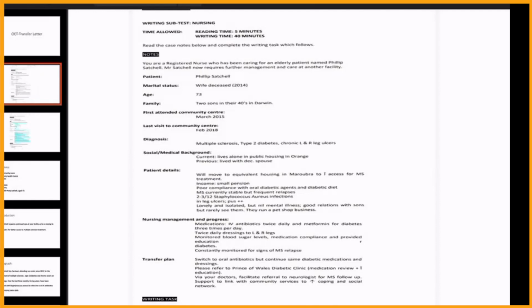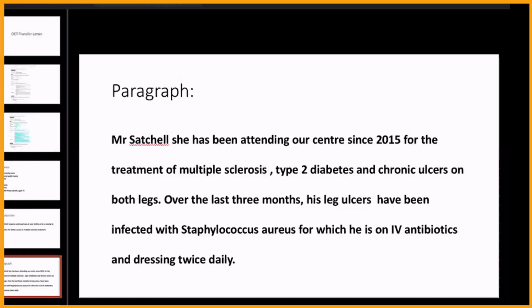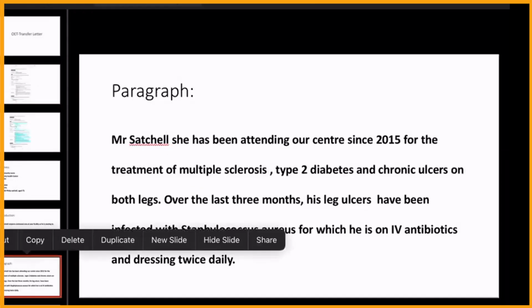Okay. So here in the second paragraph, how did we begin? We begin by saying that he has been attending our center for the treatment of these, and immediately along with that, we can write about the leg ulcers. Over the last 3 months, his leg ulcers have been infected with Staphylococcus aureus, for which he is on IV antibiotics and dressing twice daily. Okay? I'll just show you the screen.